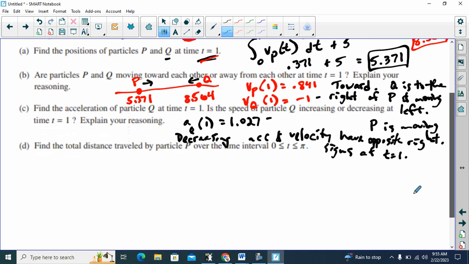Part D asks us to find the total distance traveled by particle P over the interval from 0 to pi. So I'm looking for a distance. I'm given velocity. Distance from velocity tells us we need to integrate. It gives us our time interval here, 0 to pi.